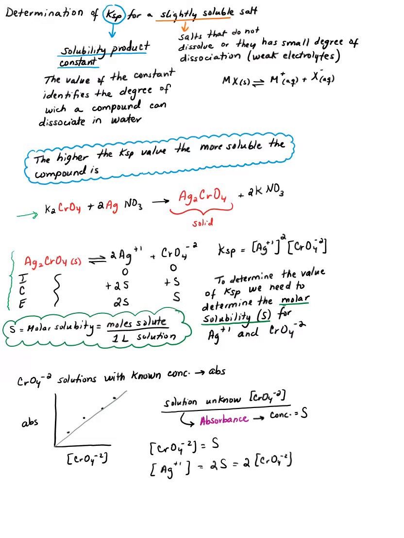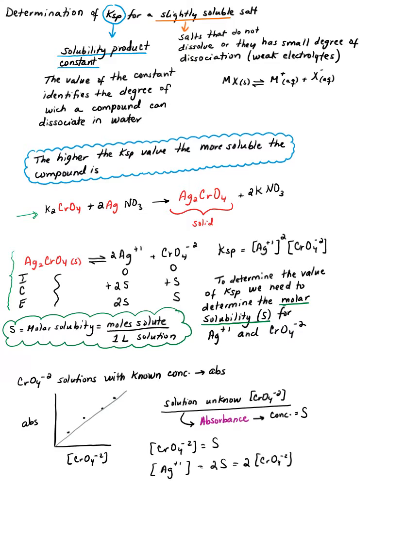So just solving your ICE table here, your initial concentrations are equal to 0. You're getting the ions from the dissolution of your silver chromate in solution. Now the change is how many ions you're expecting to get in solution. We're using the letter S because that's your molar solubility.